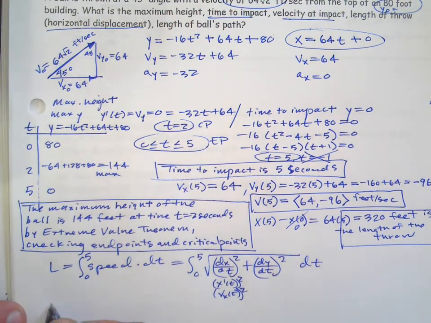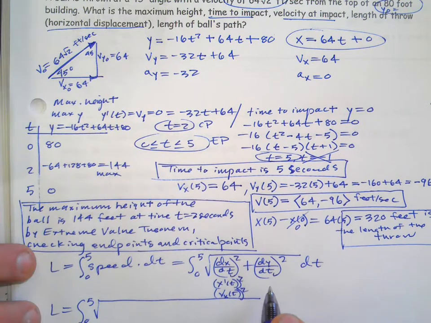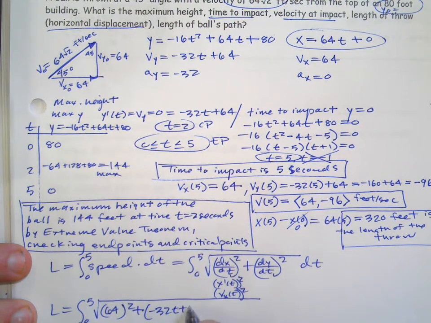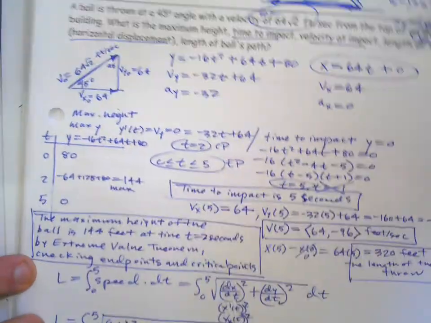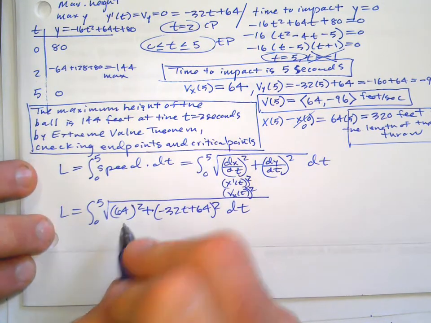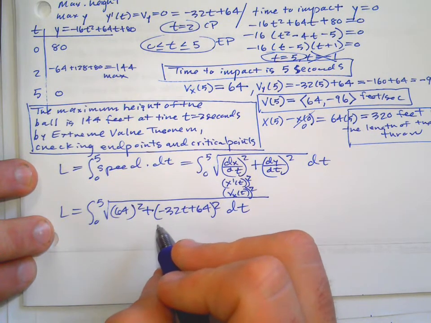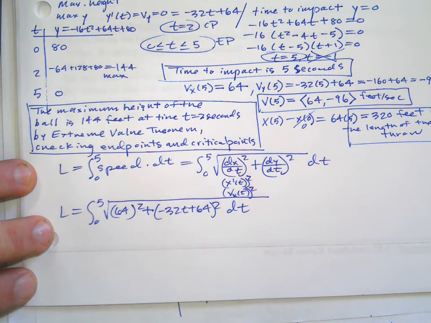Okay, so let's see what we get. So dx dt was 64 all the time, and dy dt was negative 32t plus 64, squared. I mean, we could see how far we could get by hand. You might say, what could we factor, what could we take out?